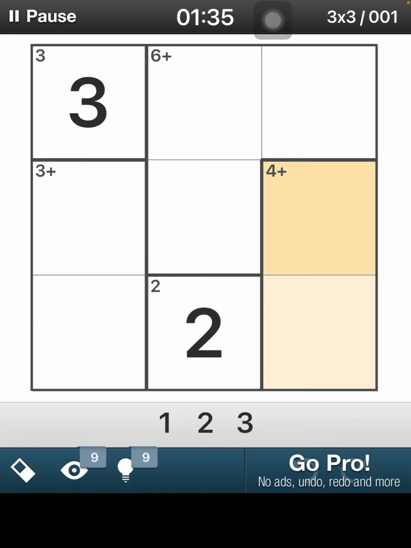So, that being said, you can't have 2 of the same number in a row or a column. So, like, I can't put a 2 right here and a 2 right here because there are 2 2s in the same column and in this row.